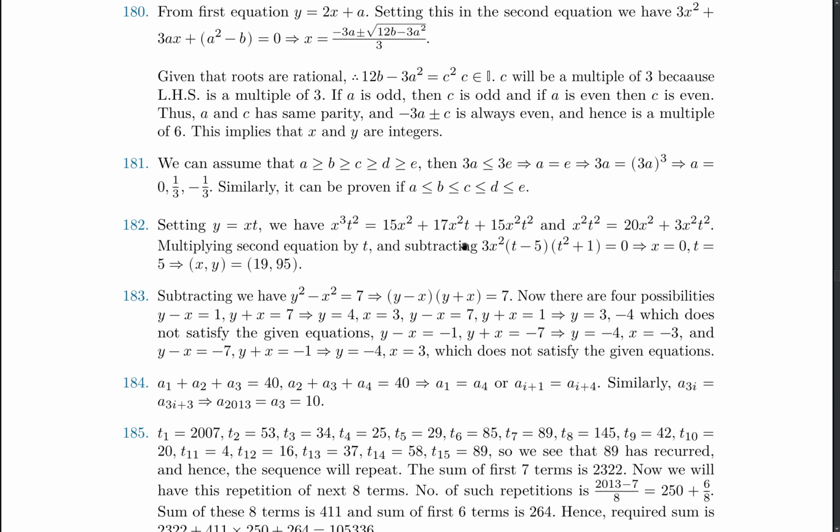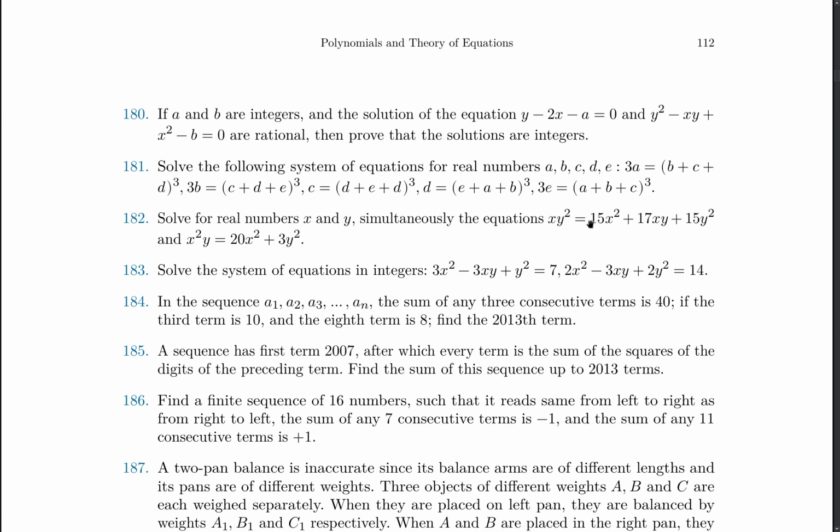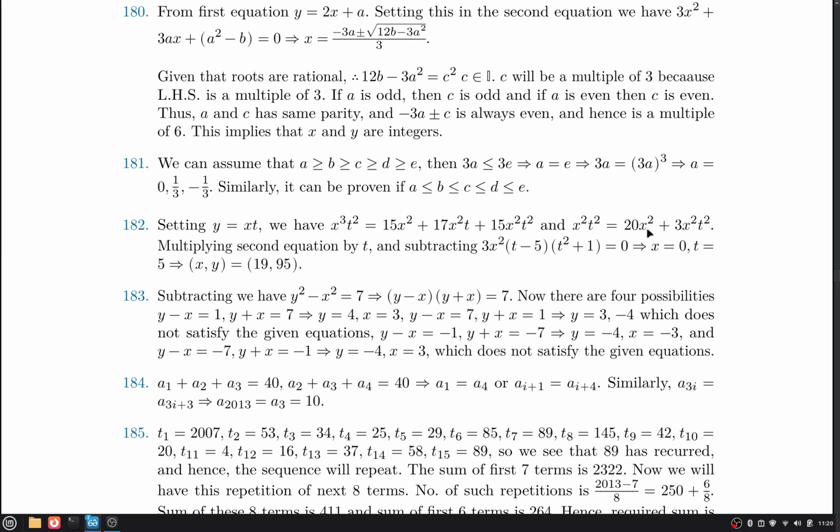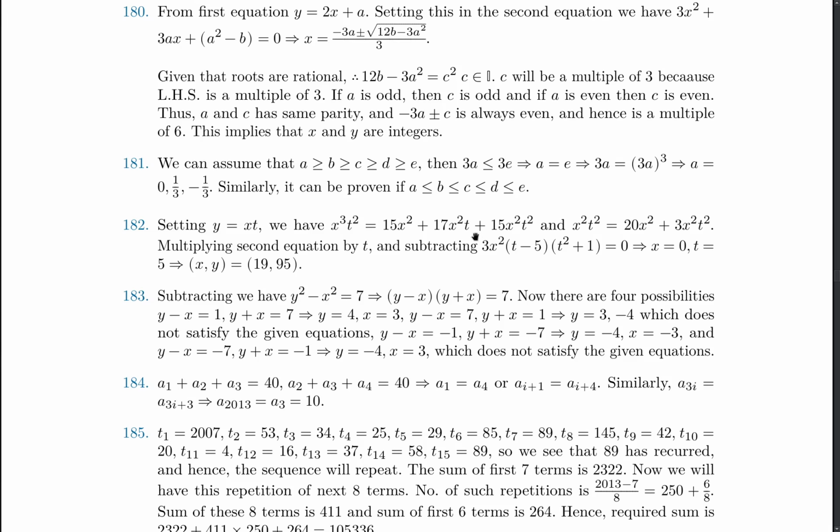There is something wrong here. Let me check. So 15x^2 would be not changed. This will become x^2 t, that is minus 3, and this would remain same. 15 and this would remain same.